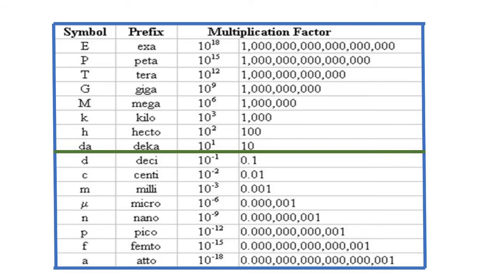E, exa, 10 to the 18 power; P, peta, 10 to the 15; T, tera, 10 to the 12; G, giga, 10 to the 9; M, mega, 10 to the 6; K, kilo, 10 to the 3; H, hecto, 10 to the 2; Da, deca, 10 to the 1; d, deci, 10 to the negative 1; c, centi, 10 to the negative 2; m, milli, 10 to the negative 3; micro, 10 to the negative 6; nano, 10 to the negative 9; pico, 10 to the negative 12; femto, 10 to the negative 15; atto, 10 to the negative 18.